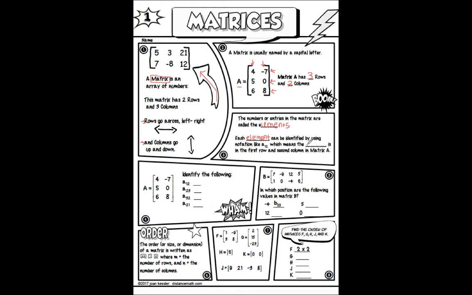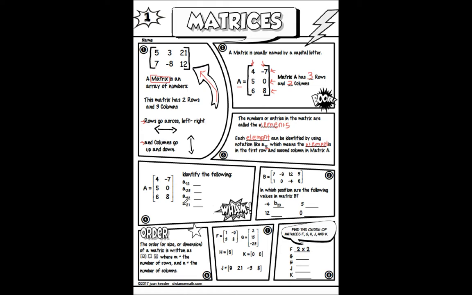So this element would be in the first row because the first number here is a 1. The second number is a 2, so that means it would be in the second column.